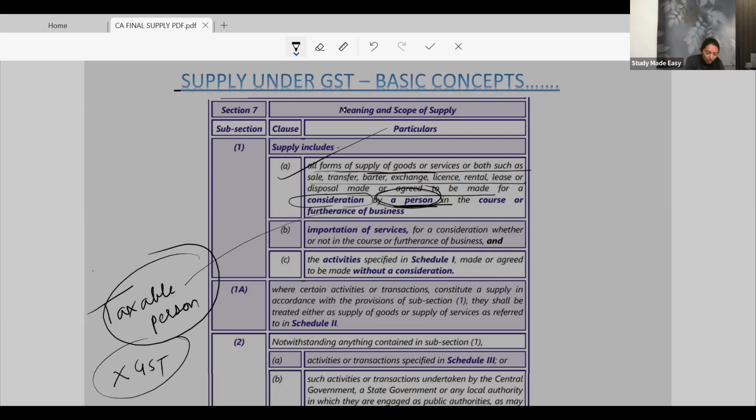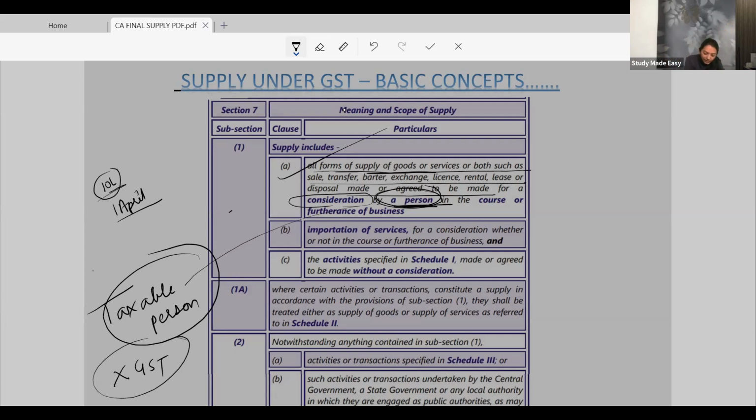Suppose on 1st of April, in GST you have a threshold limit of 10 lakh, 20 lakh, 40 lakh. If you cross that threshold limit, you are liable to pay GST. Okay, for the timing, just remember, the limit is 10 lakh, 20 lakh, 40 lakh. Suppose I crossed 10 lakh on 1st of April, and I am in that state where 10 lakh is the limit.